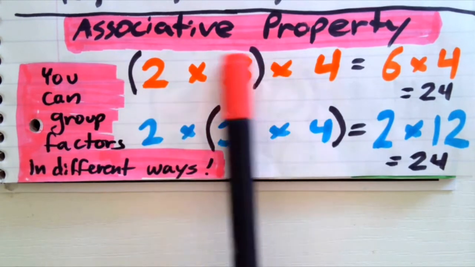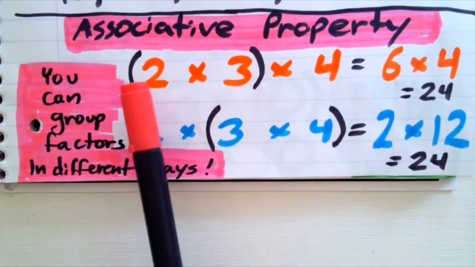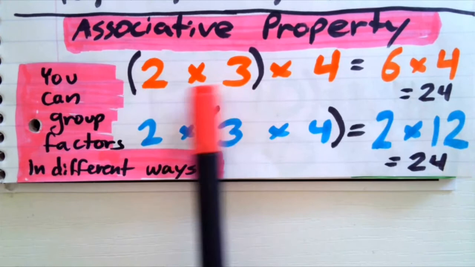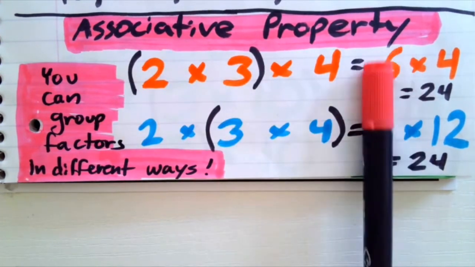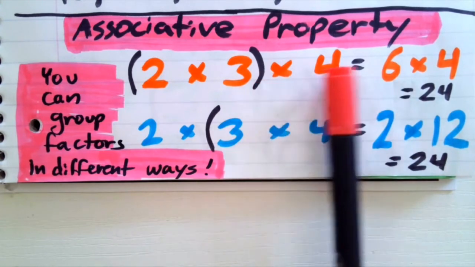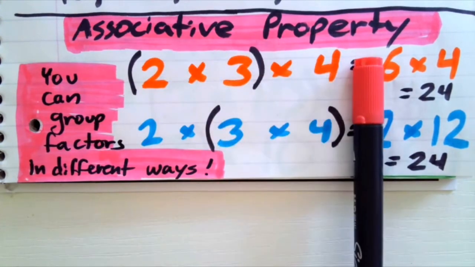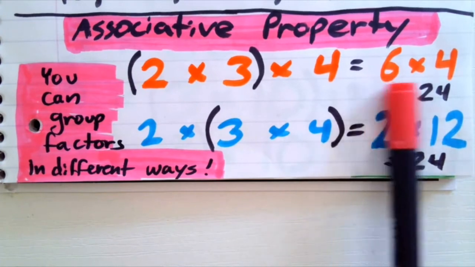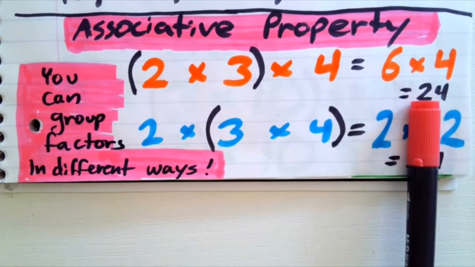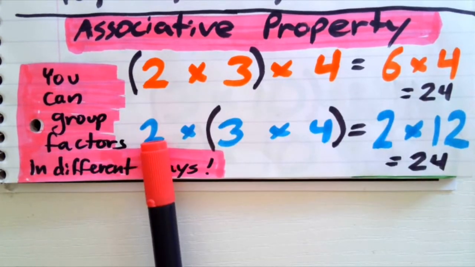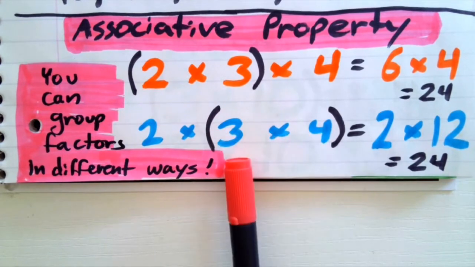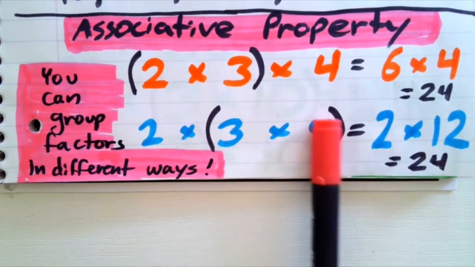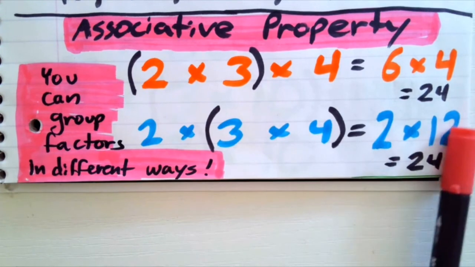We can associate or put together the 2 and the 3 and multiply 2 times 3 first, which will give us 6, and then multiply 6 times 4, which is 24. Or what will also work is to associate or put together the 3 and the 4, which will give us 12.